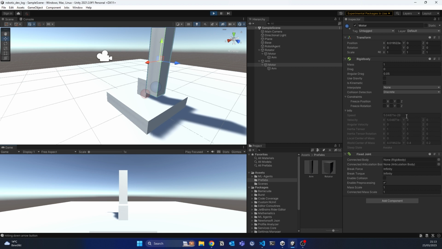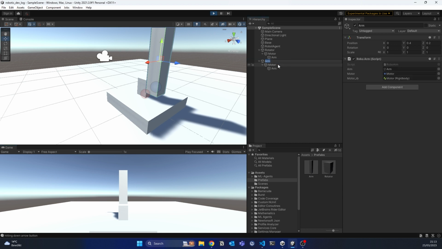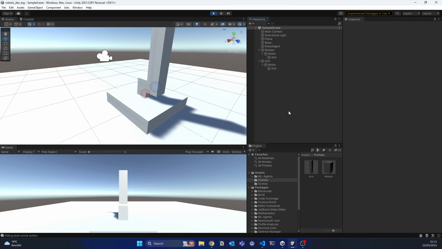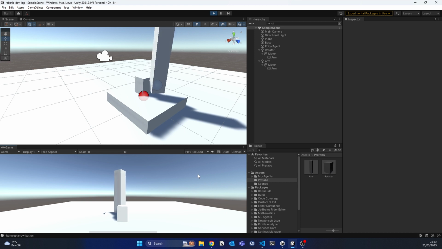There's velocity. Brake force, enable preprocessing. I don't know, do I need to remove that? Looks a little bit like it. Okay.